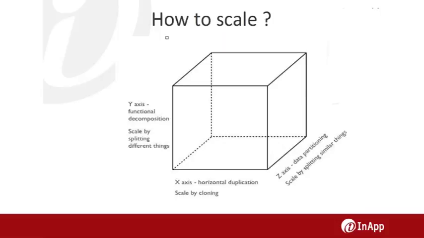Now, on the y-axis, you can see there's a functional decomposition, which is breaking apart an application into independent services. So microservices fits in that y-axis. And then along the z-axis, you have data sharding, which is available in many RDBMS, NoSQL, and message queues, where you partition your data into different chunks and distribute them across multiple instances. So these are different ways in which you can scale your application. So microservices is definitely one way.